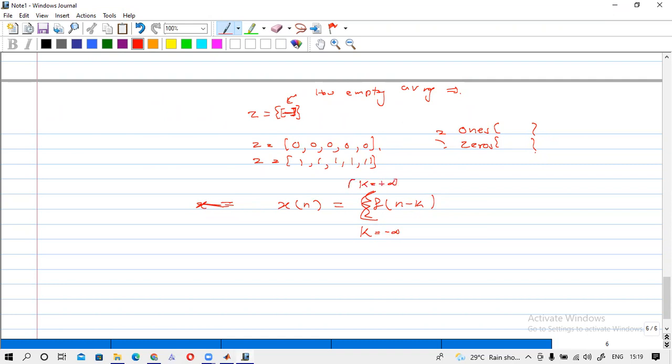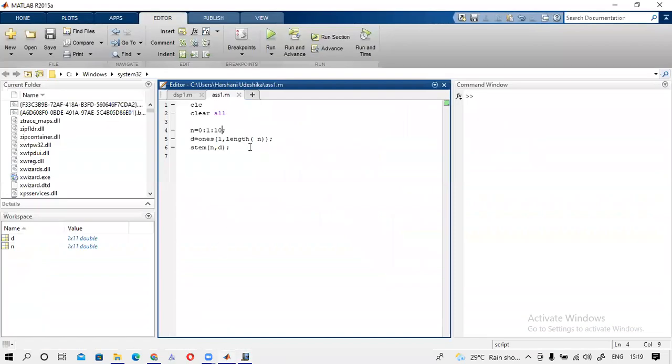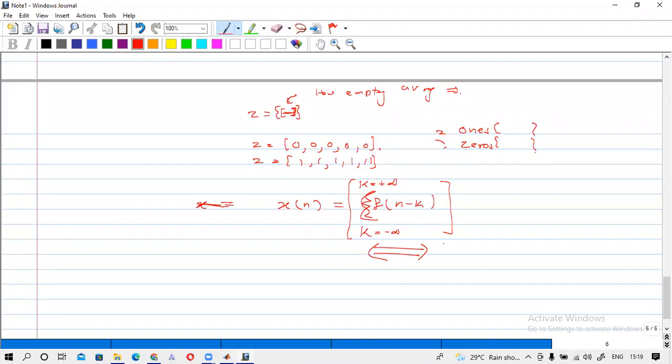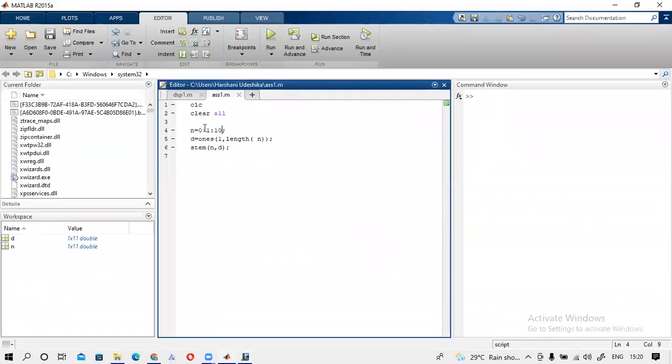So we have plotted this kind of collection of sequences. This k can be minus 5 to plus 5, or 0 to plus 10, anything. You can directly put this k value here as n, and then you will get the sequence.